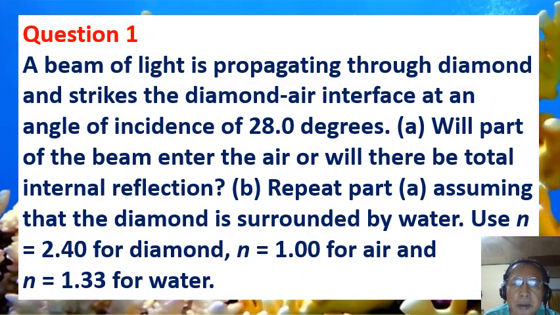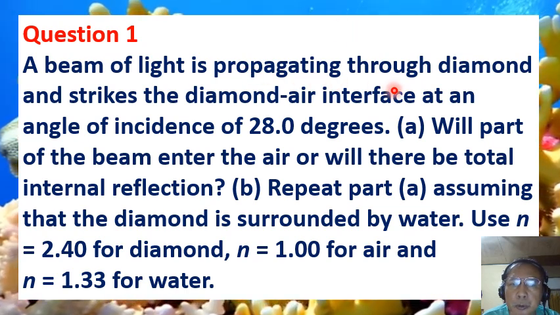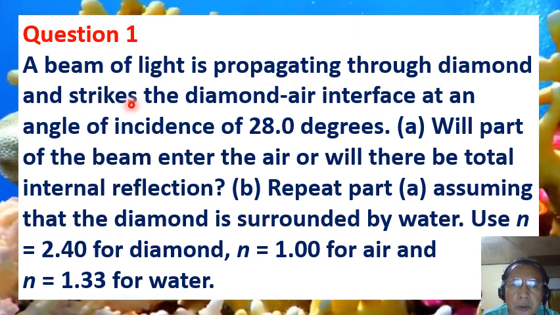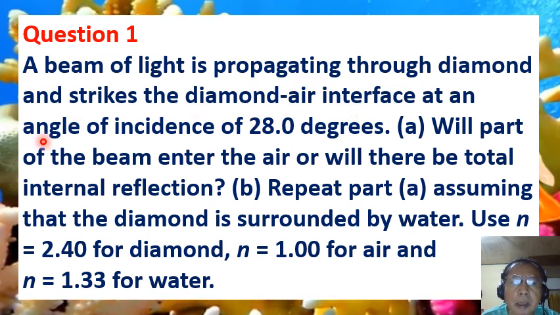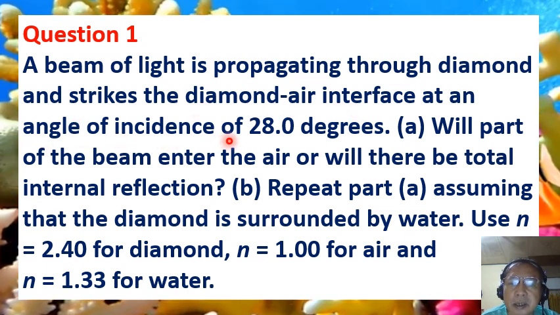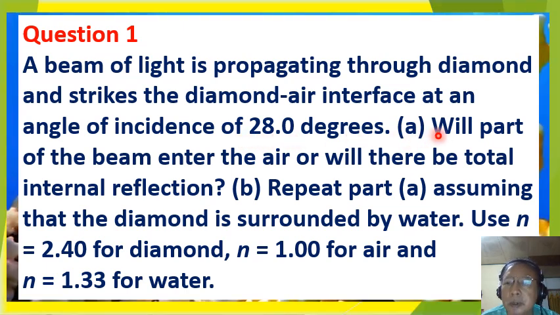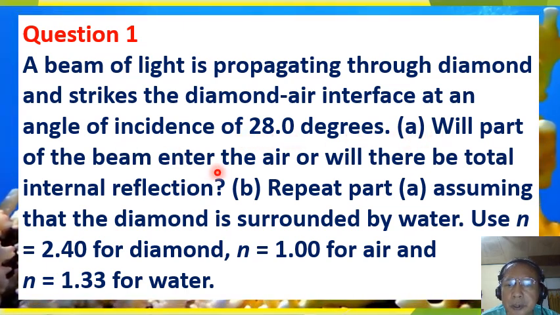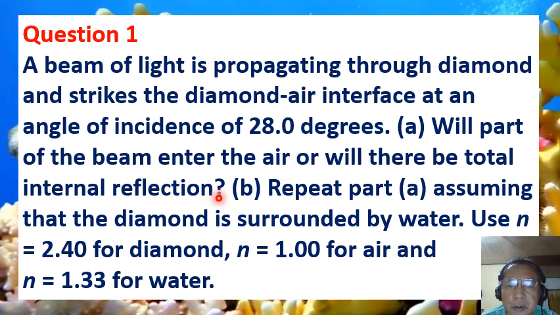Question is, a beam of light is propagating through diamond and strikes the diamond-air interface at an angle of incidence of 28.0 degrees. Question letter A. Will part of the beam enter the air, or will there be total internal reflection?